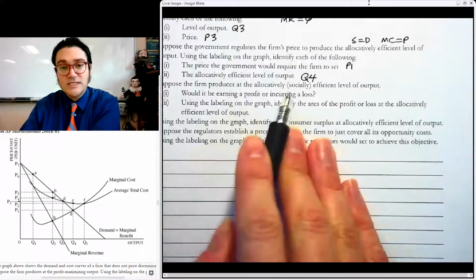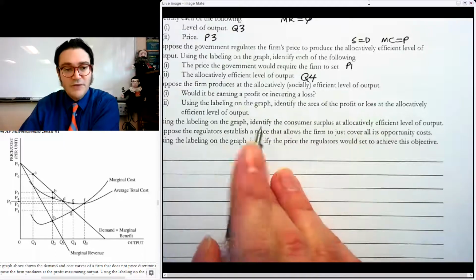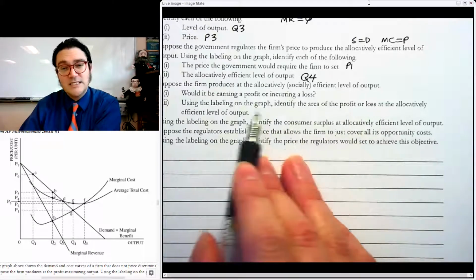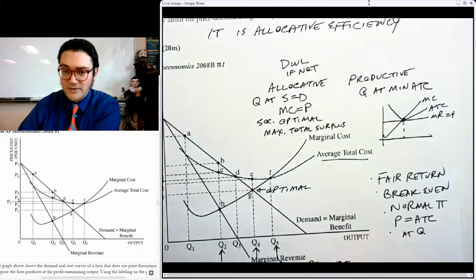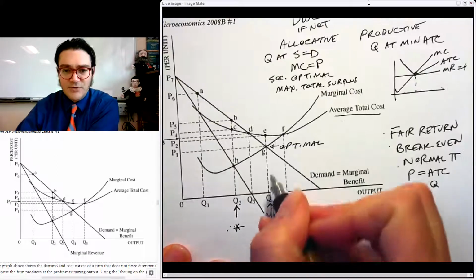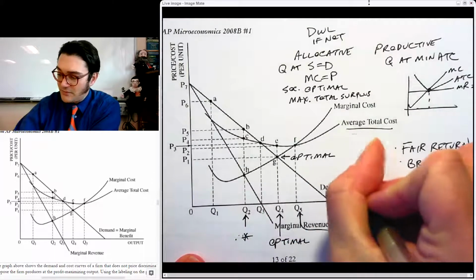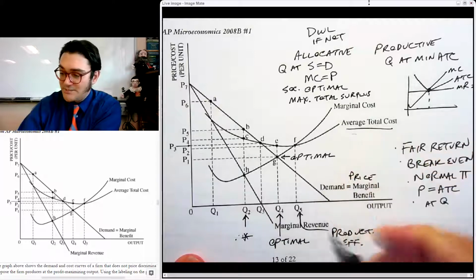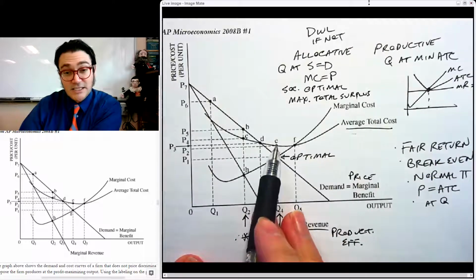Suppose the firm produces at the allocative efficient level of output. Okay, so we've talked through that level, and we know that that's going to be at Q4, and it says, are they earning a profit or a loss? Well, just to switch back for a second here, at this optimal level, compare the price that they would be receiving. Well, the price is on the demand curve, so that's here. Well, what's the ATC? The ATC is up here.